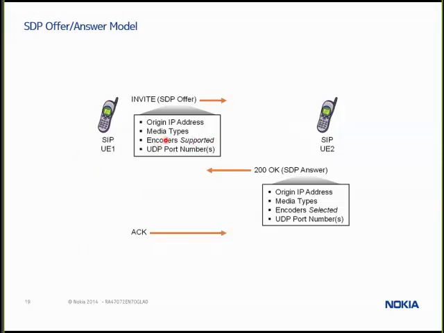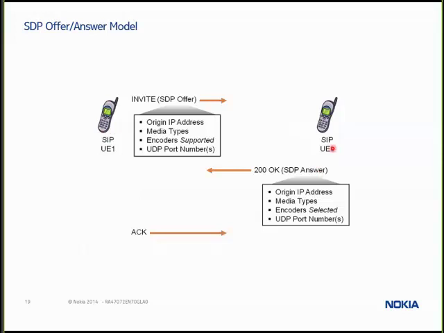What kind of encoders will I support in that media? And I'm going to define a UDP port number to identify my end of the conversation so you know where to listen. So if you want to think about it, it is what channel am I going to be on? What frequency are we going to be on to listen to that on when it comes from user 1?